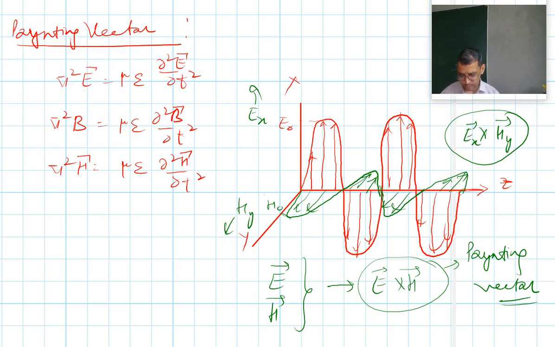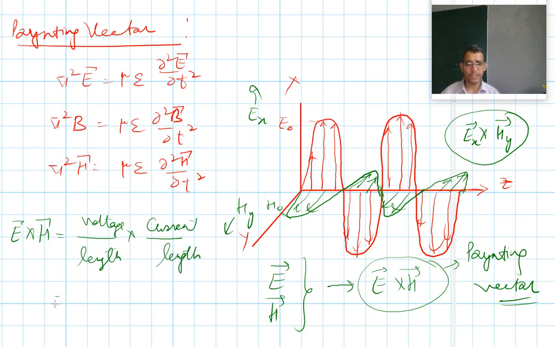Let us have a look at that. E cross H is, say, E is voltage upon length, and H is basically current upon length.